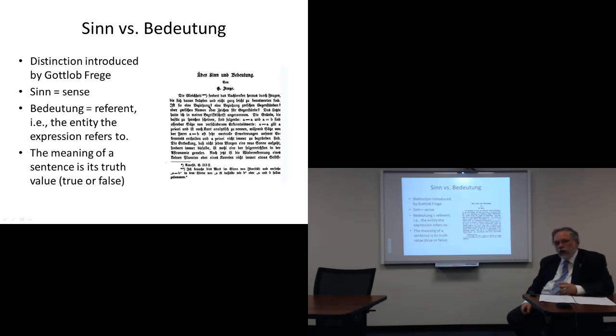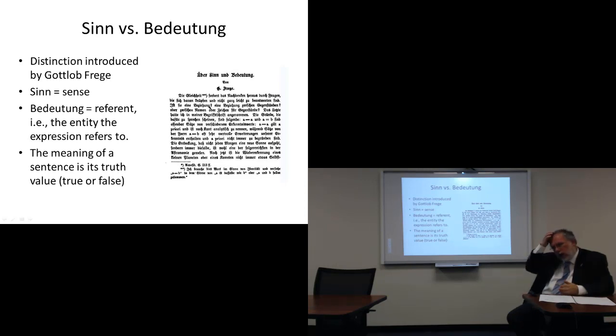Now, Frege introduced another concept that became enormously influential, also within linguistics, which is that once you're looking beyond a word like dog, right? If you're looking at a sentence, then the meaning of the sentence has to do with whether the sentence is true or false.